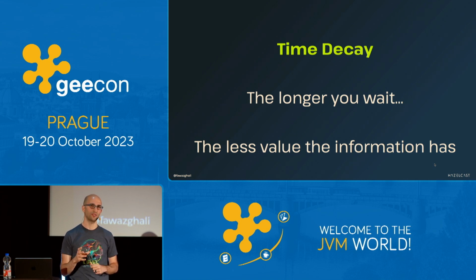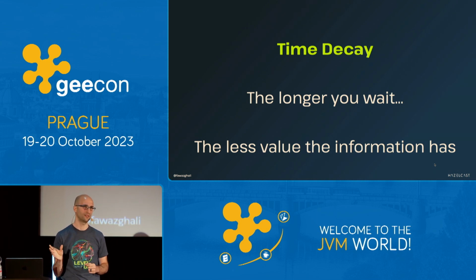And from time to time, you get weird recommendations for videos which are not relevant to what you've been interested in or want to watch. Why is that? Why do you get unrelated information or unrelated recommendations to what you've been doing or what you're looking for? And the answer is simple. It's basically time decay.